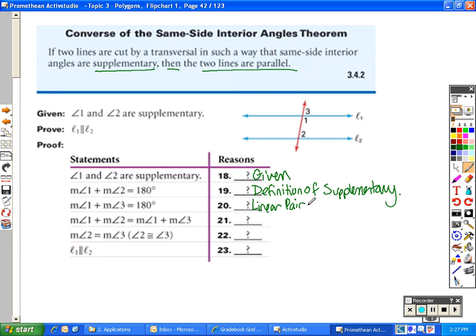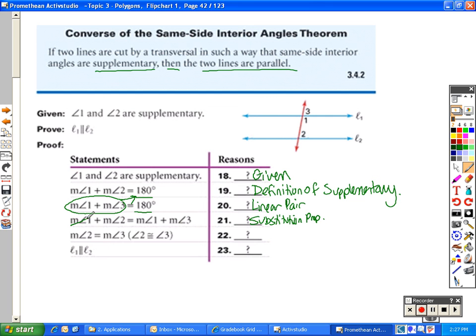All right, now we're going to take these first two statements and somehow combine them to make this next statement. Well, this one equals 180. This one equals 180. So I can replace the 180 in the first equation with what 180 equals in the second equation. This is the substitution property. All right, let's look at our equation right here. What have we done to get from this equation to the next one?